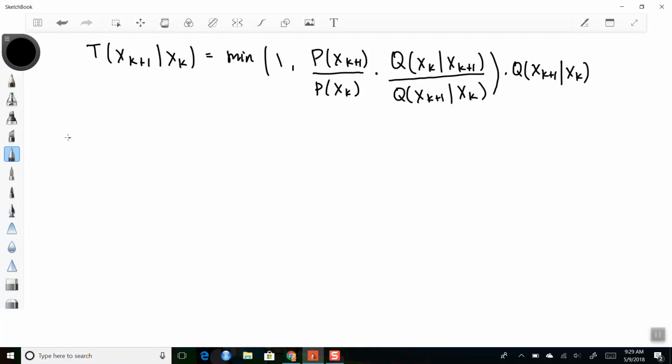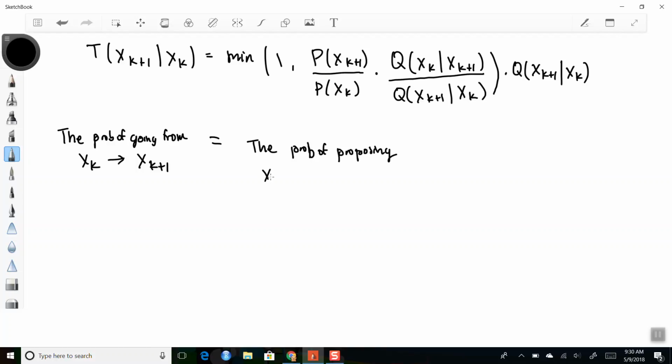So this is basically saying the probability of going from x_k to x_{k+1} is equal to the probability of proposing x_{k+1} if I am at x_k, times the probability of accepting the proposed value.